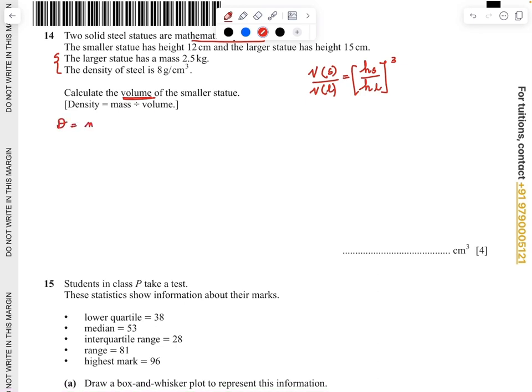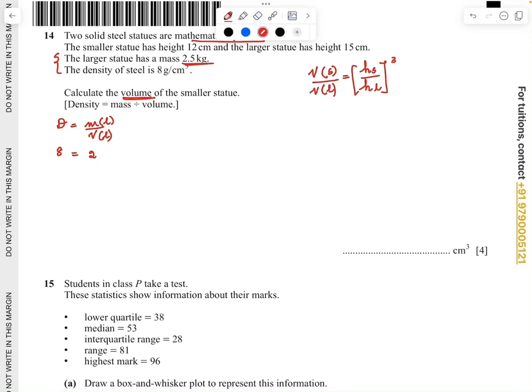Density is equal to mass by volume. So these two are for the larger. Then density is 8 grams per centimeter cubed. So the mass has to be changed from kg to grams.